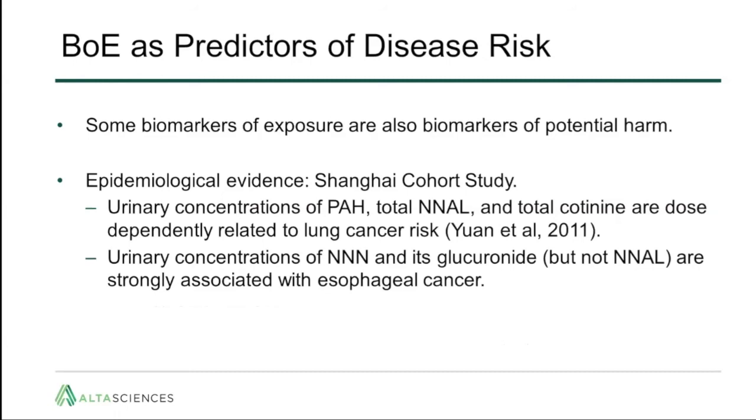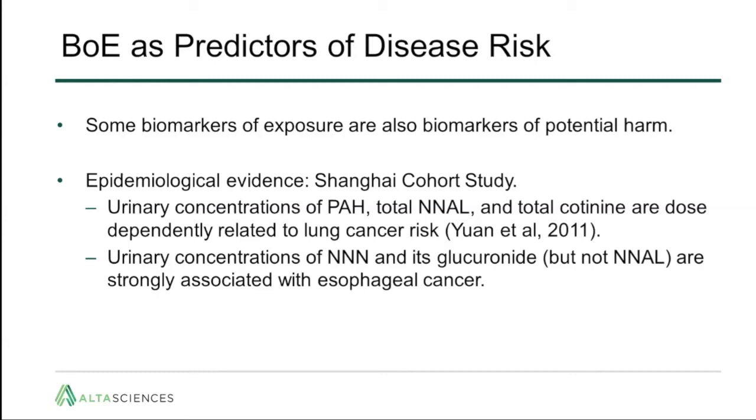Also, not only do we look at biomarkers of exposure to tobacco and nicotine, we're also looking at biomarkers that may be predictors of disease risk. So we're looking at biomarkers that can indicate potential harm.